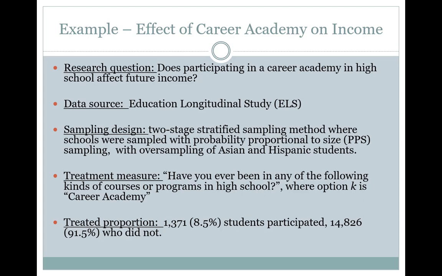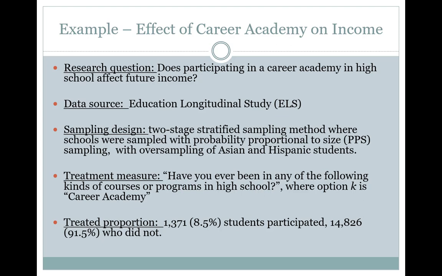So in this case, the question of interest is, does participating in a career academy in high school affect future income? The data source is a public data set available at the National Center for Educational Statistics website. It's the Educational Longitudinal Study, and it's a complex representative national study that used two-stage stratified sampling.